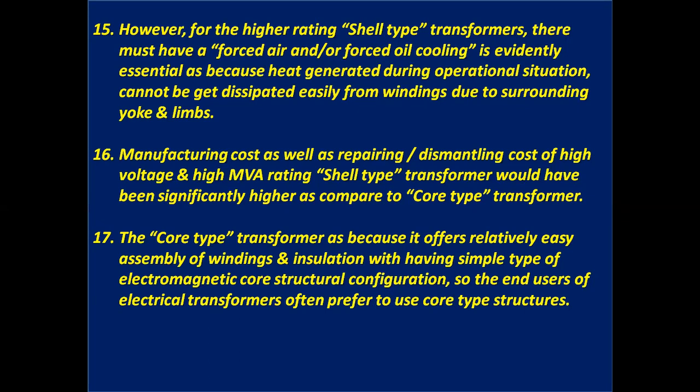Manufacturing cost as well as repairing or dismantling cost of high voltage and high MVA rating shell type transformers would be significantly higher as compared to core type transformers. The core type transformer offers relatively easy assembly of windings and insulation with a simple electromagnetic core structural configuration.